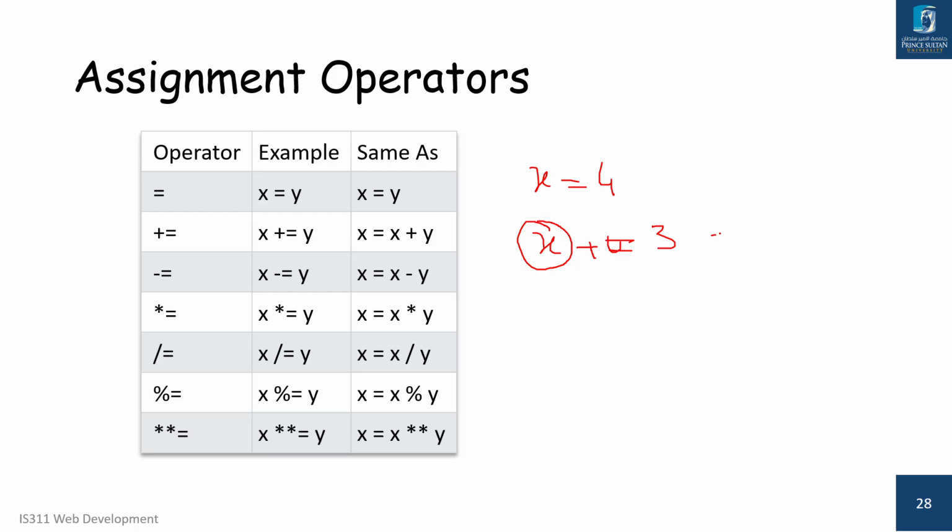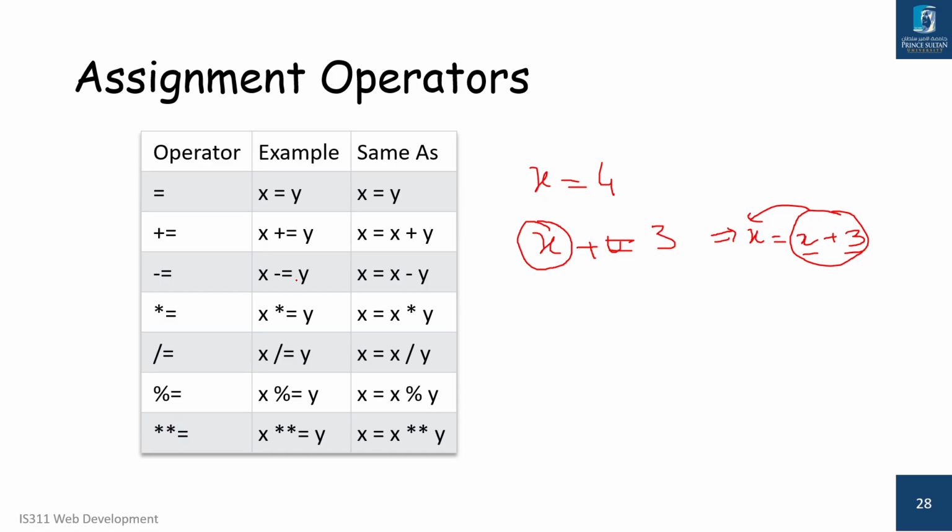So this statement is exactly the same as this one. We are saying whatever the value of x is, add 3, and then whatever the answer comes out to, assign it to the variable x. So we can write it as x plus equal to 3 in a shorter form.